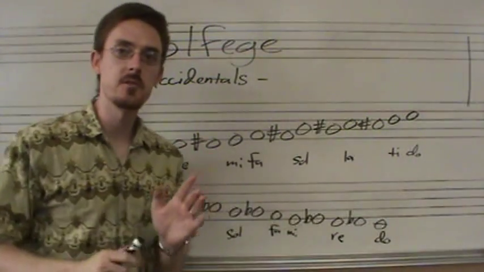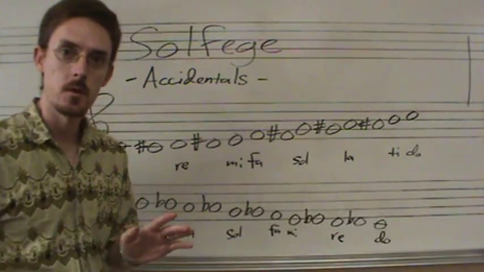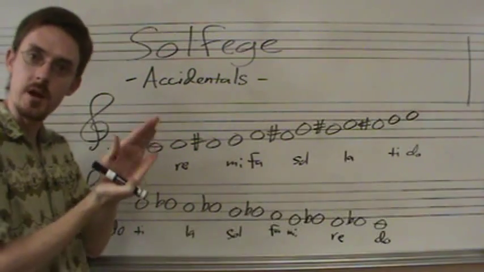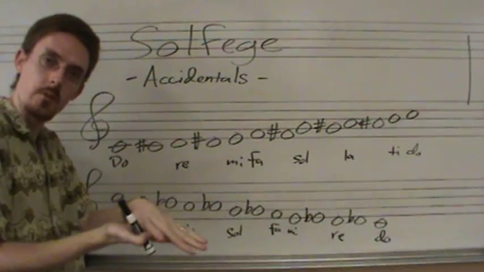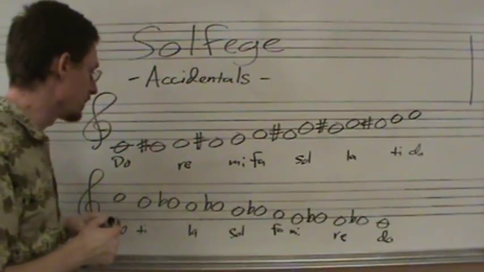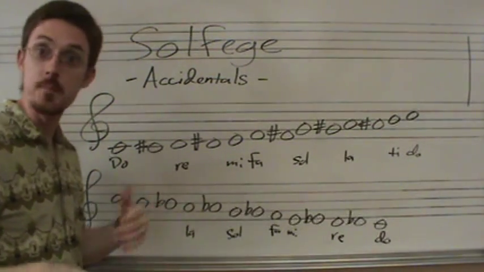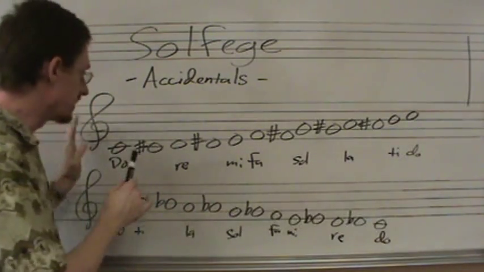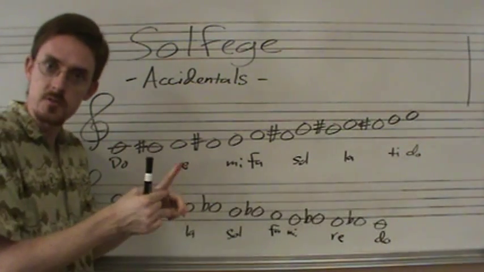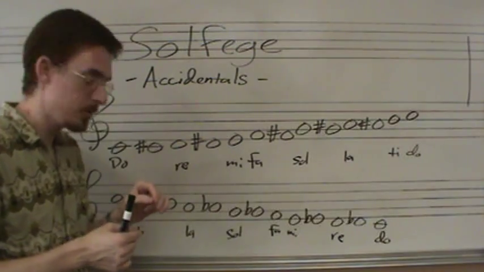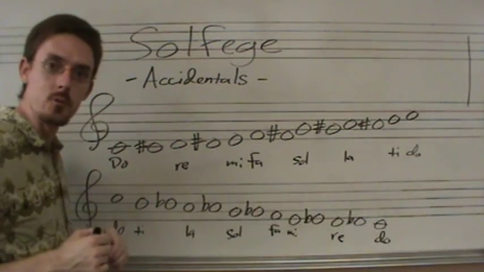There's a relatively simple rule of thumb when either raising a pitch or lowering a pitch. So here's what happens when we raise a pitch. When we add a sharp to it, depending on the key, it might be a natural. But in this case, in the key of C, when we raise a pitch by half step, this is what we will do with the solfege.